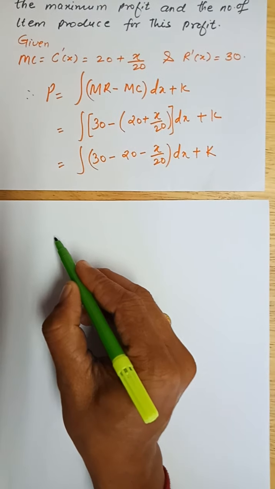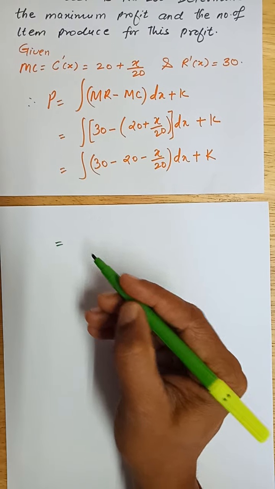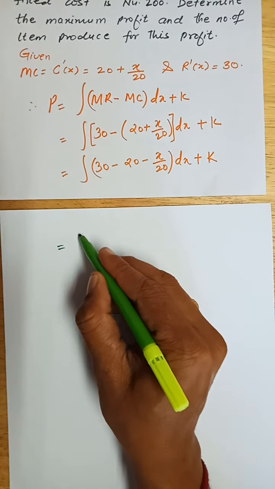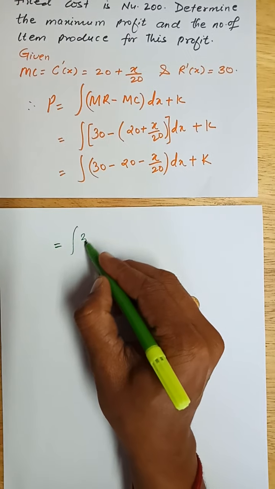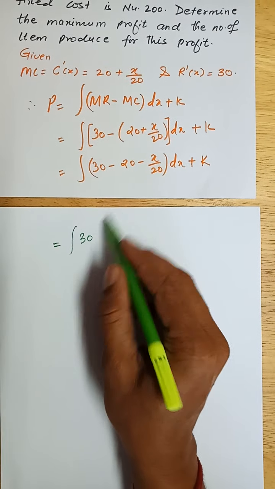So now P is equal to, you can integrate. You can individually integrate or you can simplify this. So it's going to become 30 minus 20 is 10.